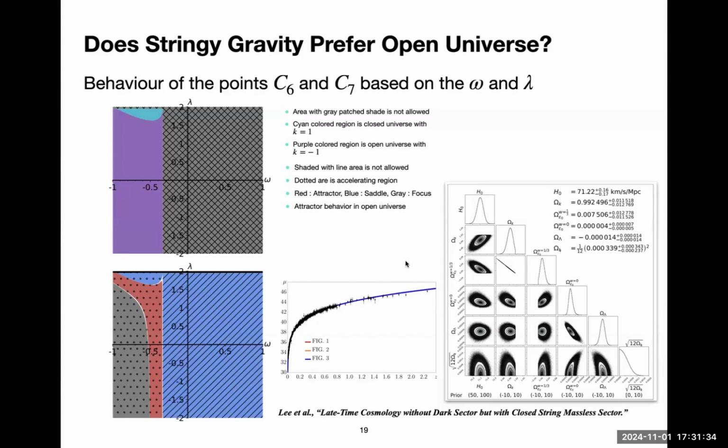When you look at the Pantheon data, the absolute distance modulus, you can fit the data, but you can also fit the Pantheon data with zero matter and 0.3 cosmological constant, which corresponds to an open universe.